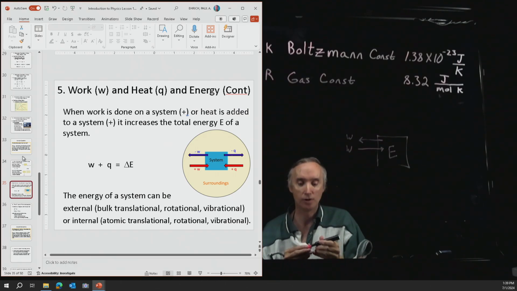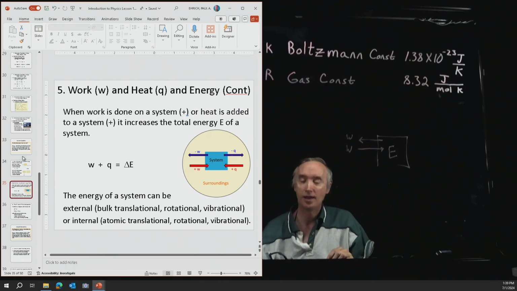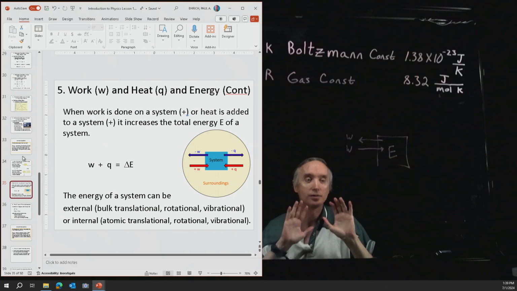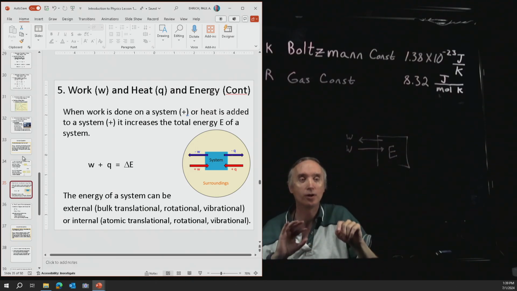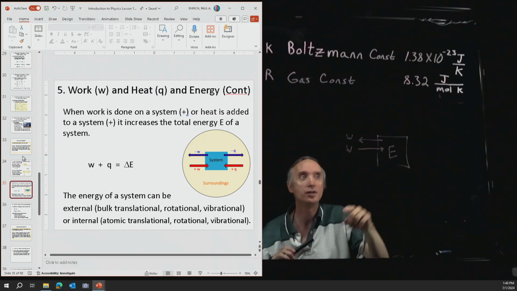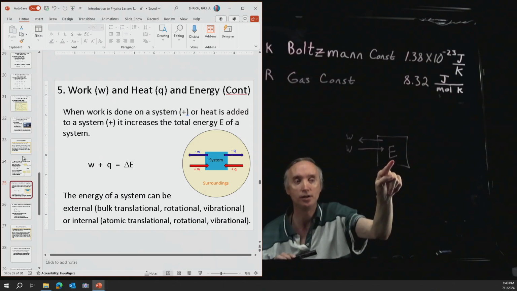If it was a box and you push on it and the box moves, then you're doing work on the system, and you'll increase the energy of the system.